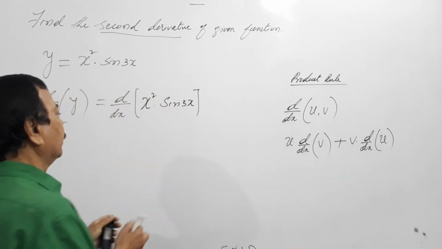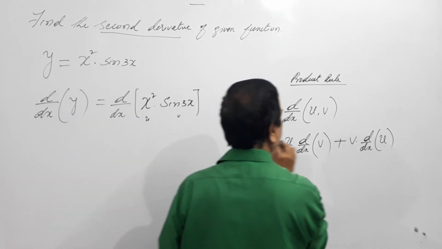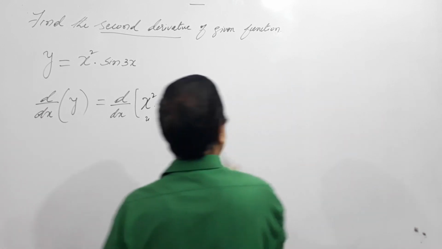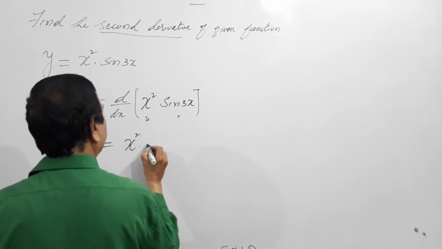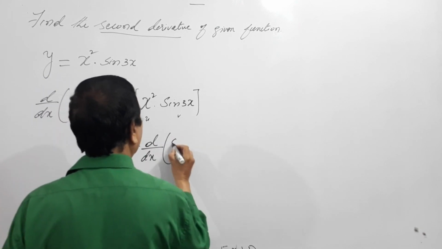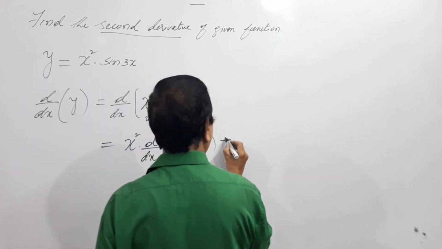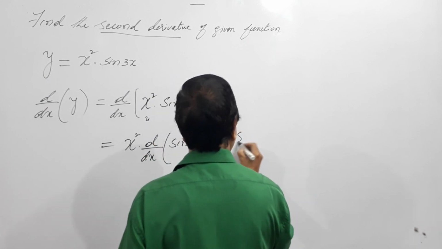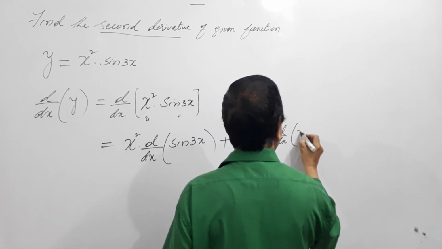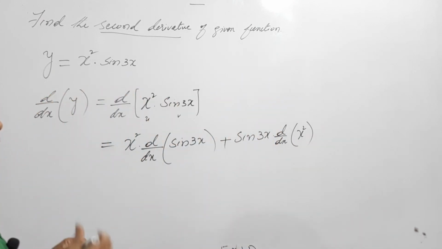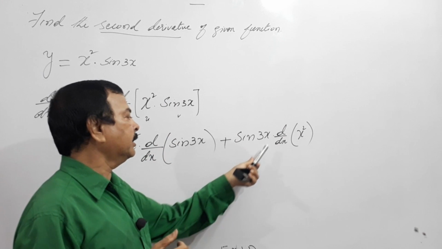For those who have just joined, for their benefit I have written this. Here we treat this as u and v. First term I keep as it is, differentiate the second term, sin 3x, plus I keep the second term as it is, that is sin 3x into d by dx of x square. So first one u as it is, differentiation of v, plus v as it is, differentiation of u.